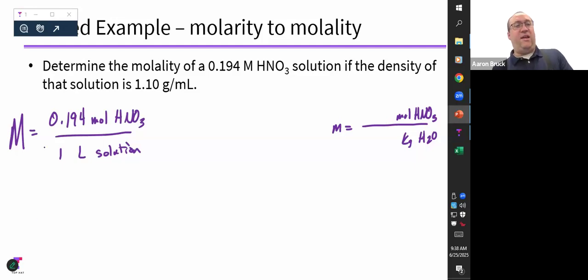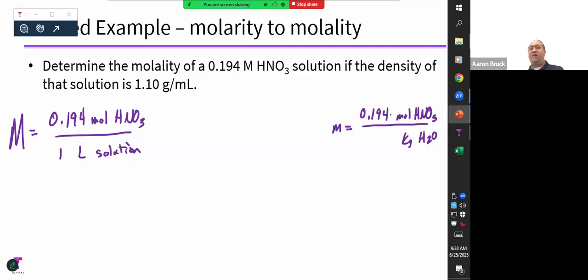If our molarity is predicated on 0.194 moles of nitric acid, we're going to have the same 0.194 moles of nitric acid in our molality. What we need to do is convert the 1 liter of solution into kilograms.